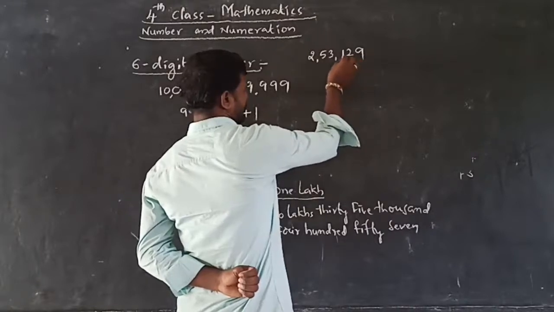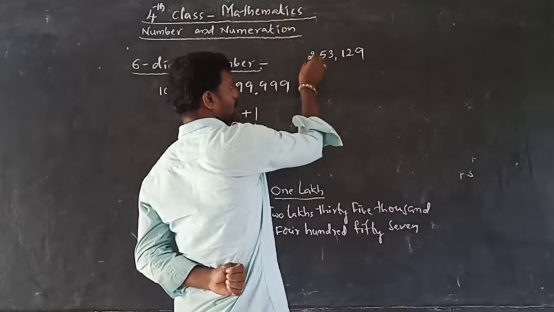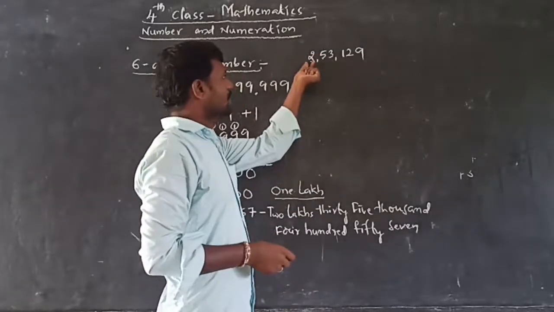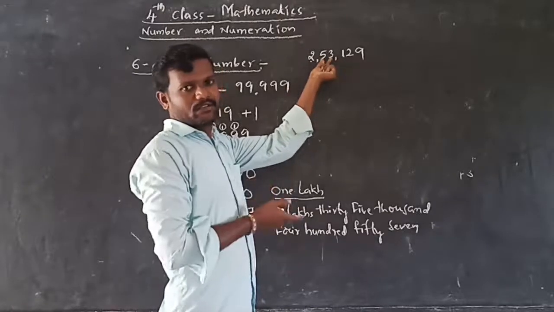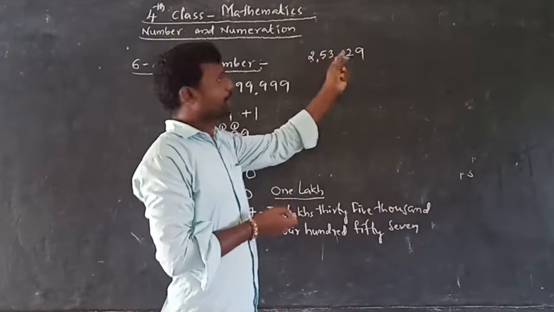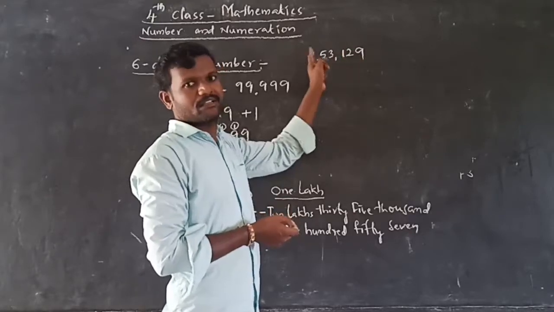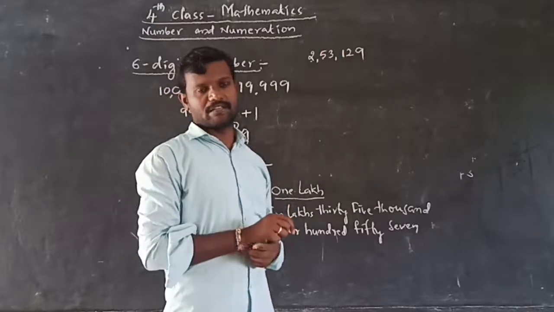Ones, tens, hundreds, thousands, 10,000s, lakhs. So 2 is in the lakhs place. Okay. So what we can say? 2 lakhs 53 thousand 129. So 2 lakhs 53,129. That is the number.